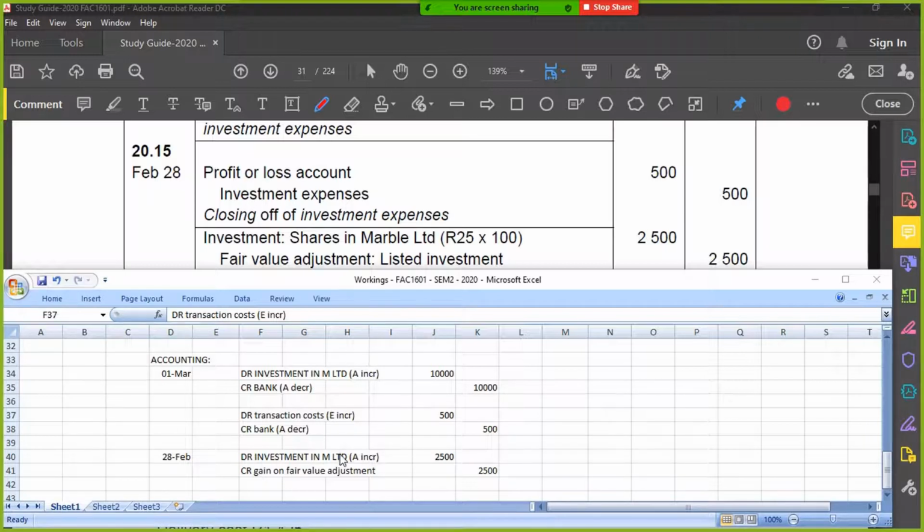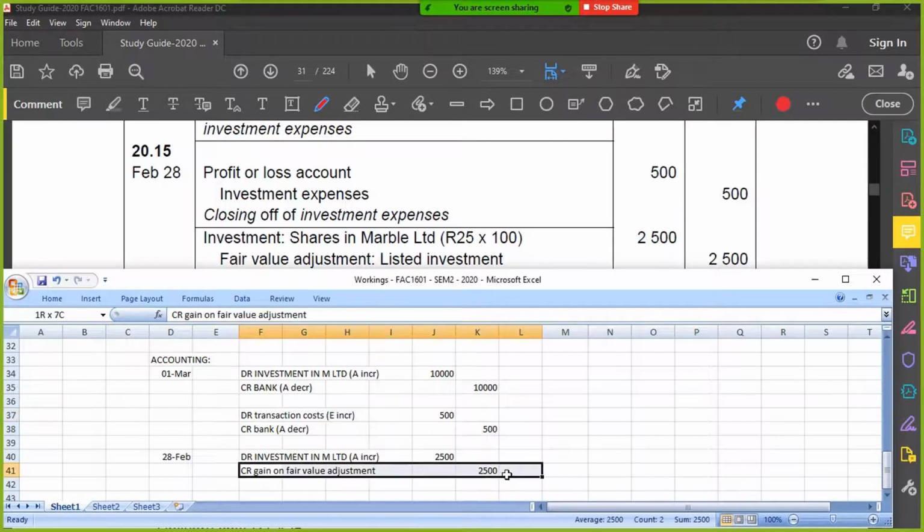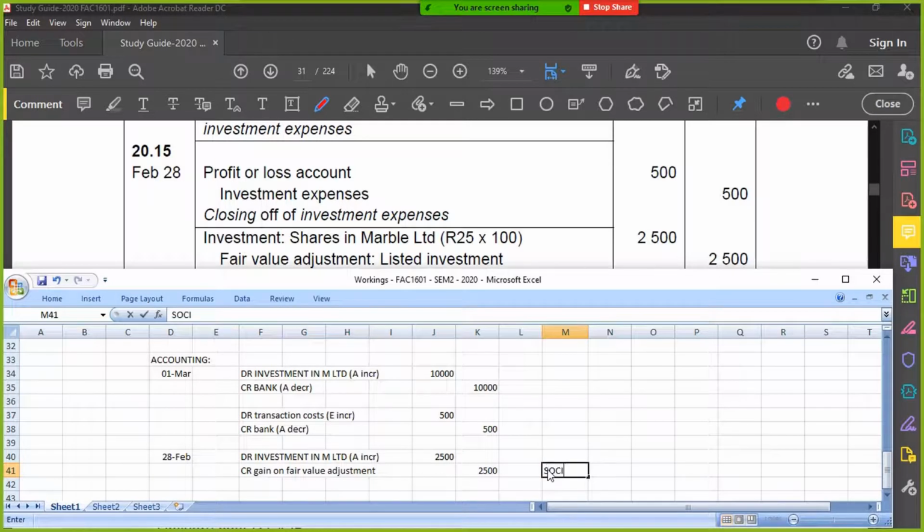So where would you disclose that also? Statement of comprehensive income. Yes. So would you also have to close off your gain in investment? The gain on fair value investment, yes, that'll be disclosed in the statement of comprehensive income. It'll fall under other operating income and expenses.